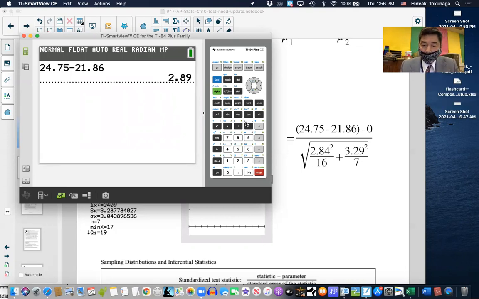The denominator is a square root sign and double parentheses: 2.84 squared divided by 16, that's the first number, and you add a second bracket, 3.29 squared divided by 7.